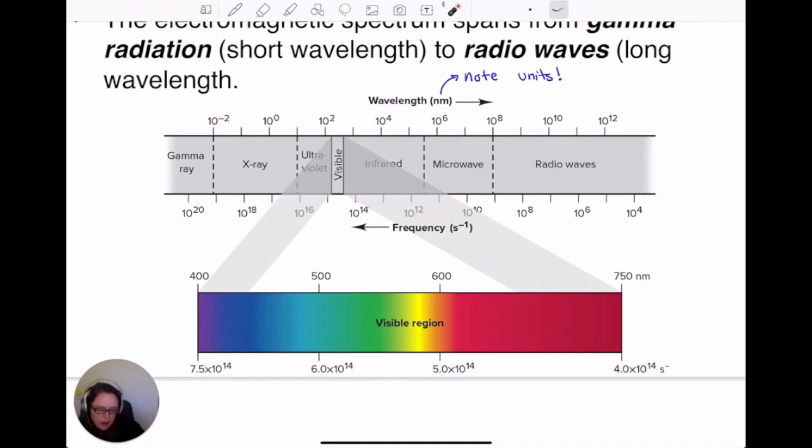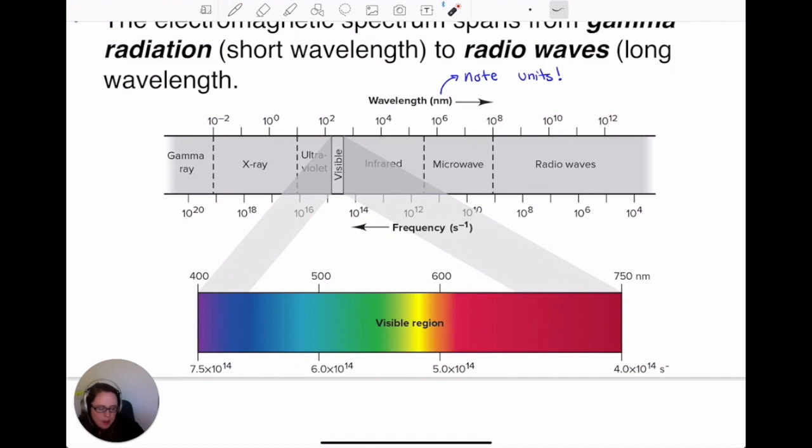And then we're going through the hundreds of nanometers, which is the visible range, up to 10 to the 12th nanometers, which is going to be like tens or hundreds of meters.